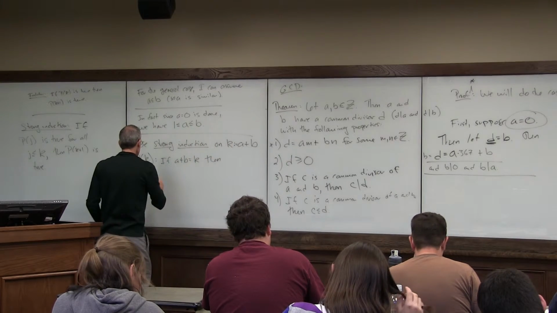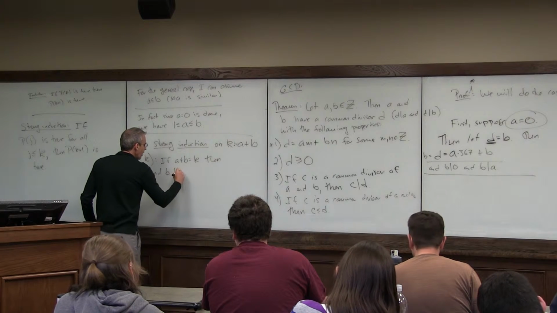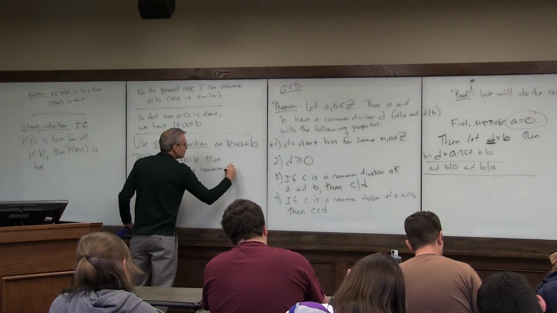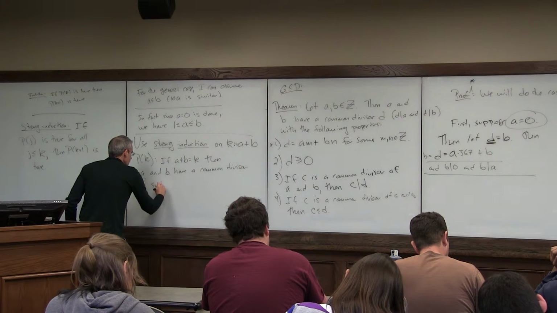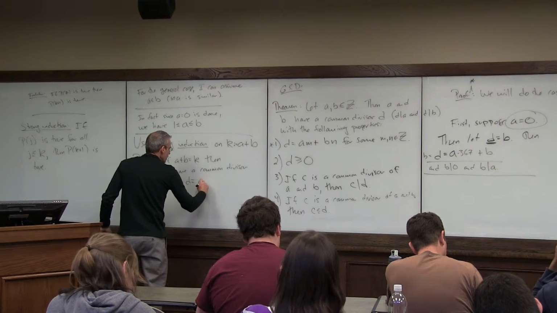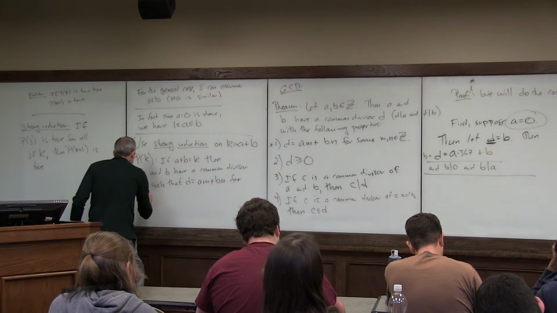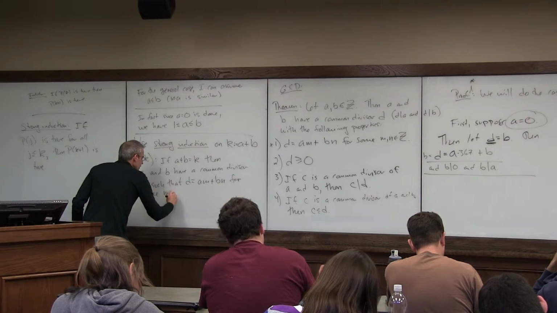So then A and B have a common divisor D, such that D equals AM plus BN for some M and N in Z.